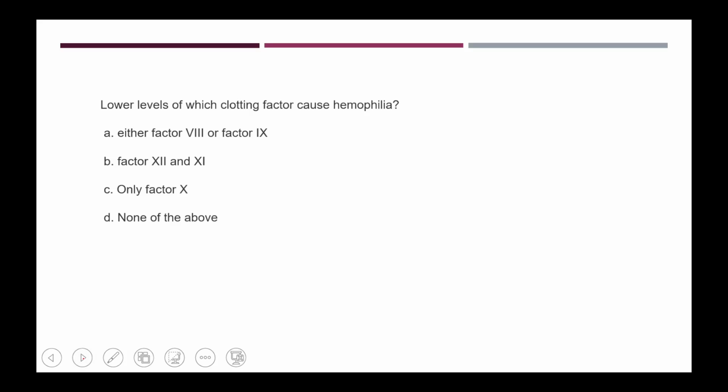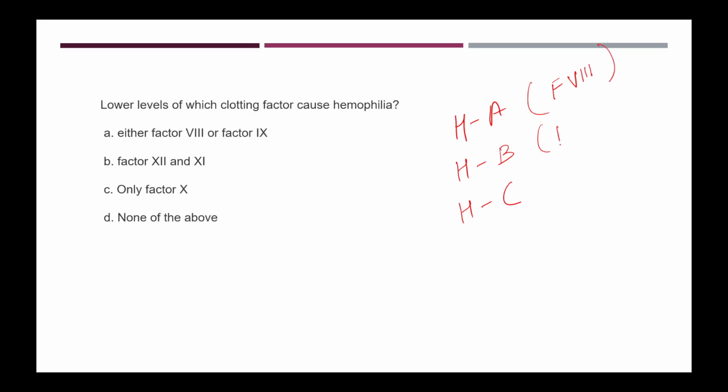So low levels of which clotting factor cause hemophilia? We have hemophilia A, hemophilia B, hemophilia C. Hemophilia A is associated with factor 8 deficiency, which is the classical hemophilia. Hemophilia B is associated with factor 9 deficiency, and hemophilia C is associated with factor 11 deficiency.